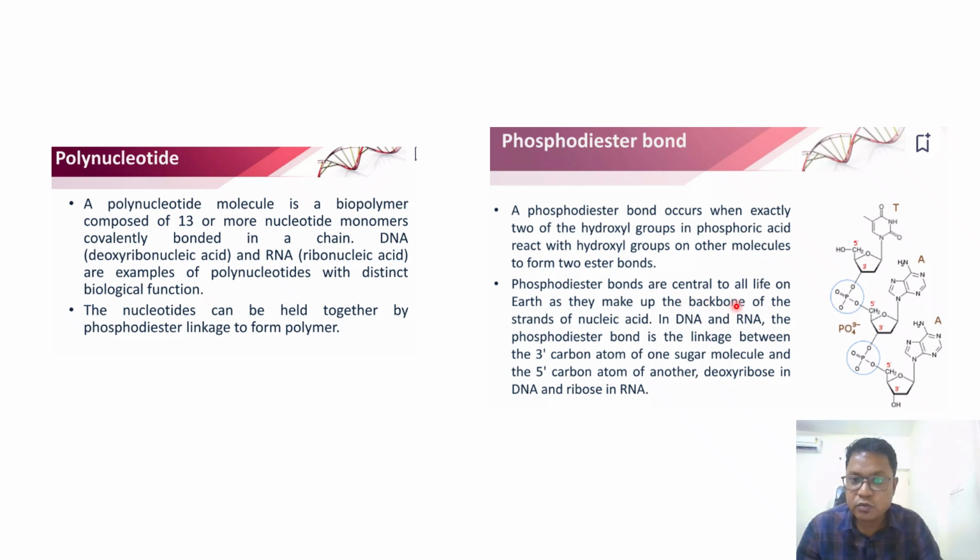Phosphodiester bonds are central to all life on earth, as they make up the backbone of the strand of nucleic acid. If this bond does not form, the nucleic acid will not form and there will be no life. In DNA and RNA, the phosphodiester bond is the linkage between the 3' carbon of one sugar molecule and the 5' carbon of another, deoxyribose in DNA and ribose in RNA.